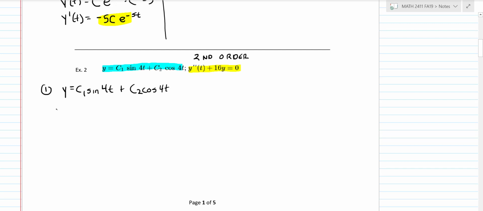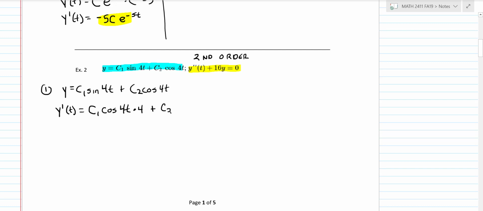So let's do the first derivative. Okay, so the first derivative with respect to t is going to be c1 as a constant. The derivative of the sine we know is the cosine. So by the chain rule, you would have cosine of 4t times the derivative of 4t, which would be 4. Okay, then you go to the next part. We know the derivative of cosine is negative sine.